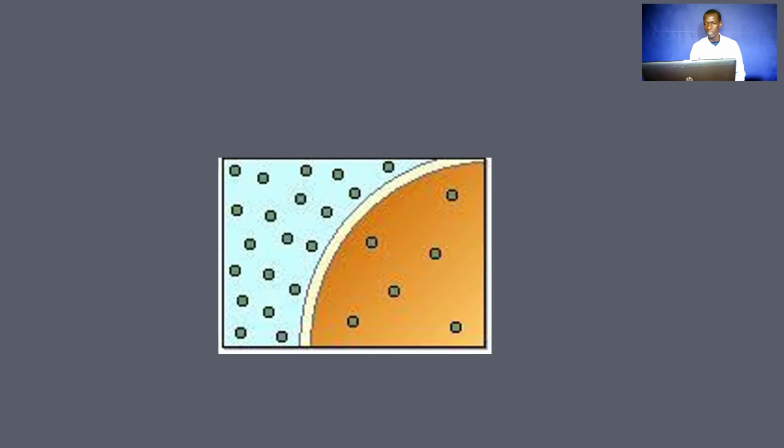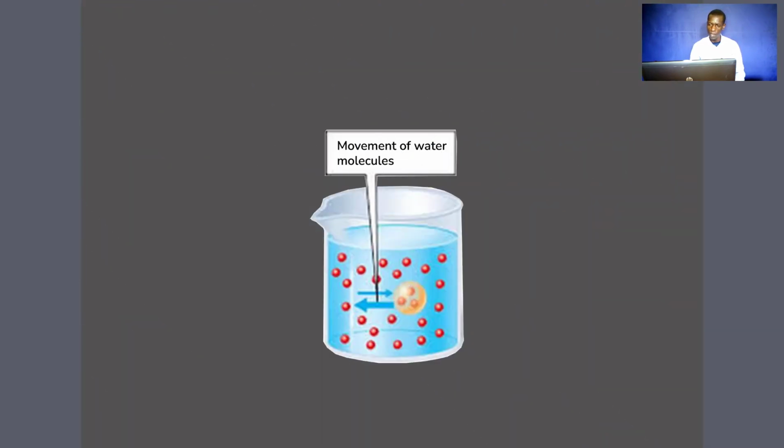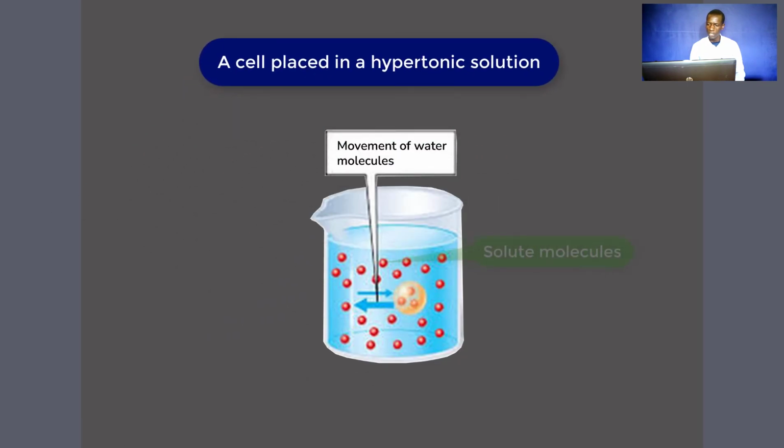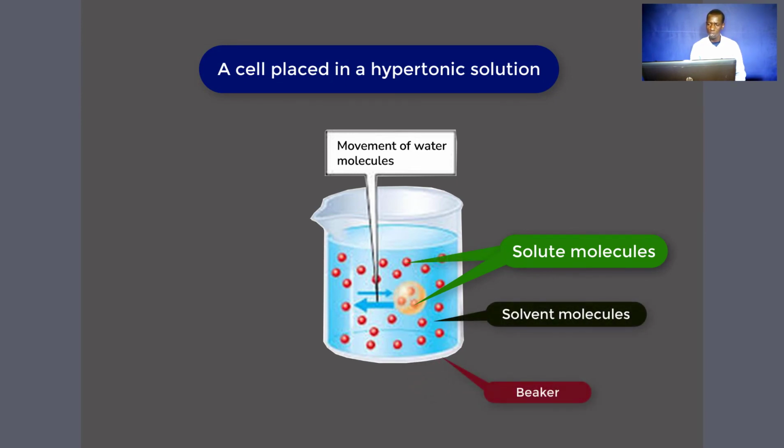Let's look at this example of a cell diagram here. When you look at this cell diagram, it has been placed into a beaker which comprises some solution. This solution which is found inside the beaker is of a higher concentration compared to the solution found inside the cell.